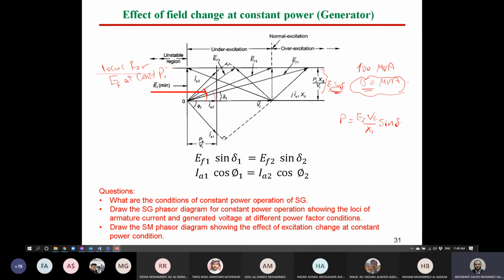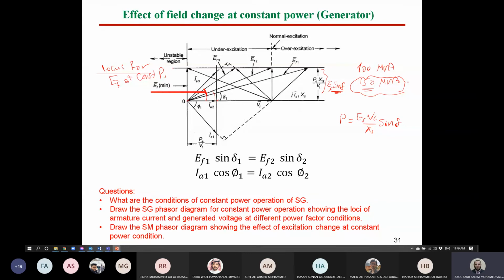Okay, guys? Now, another line, which is here, this length. If you have a look, this is the current I_A, and this is phi, the angle of power factor. So we can say I_A cosine phi equals this segment length.